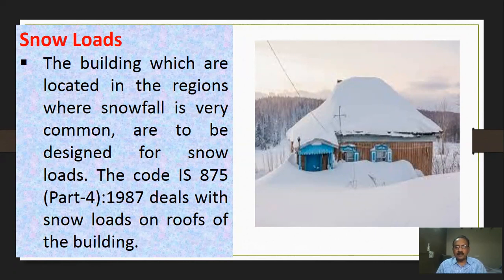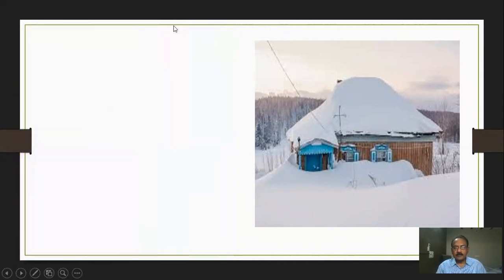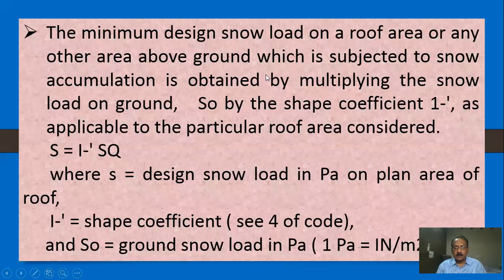IS 875 Part 1 is dead load, Part 2 is live load, Part 3 is related to wind loads, and similarly, IS 875 Part 4 is related to snow loads. One more important topic is earthquake load, which we'll see in a coming topic.